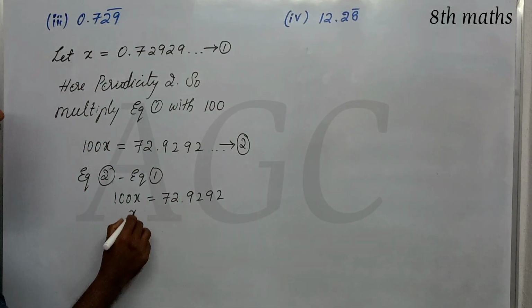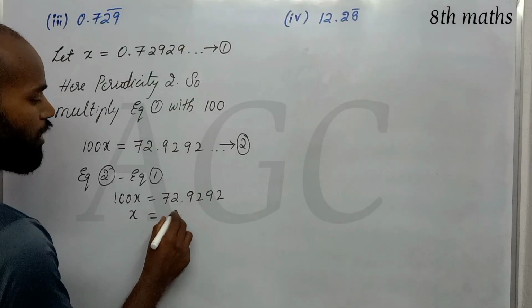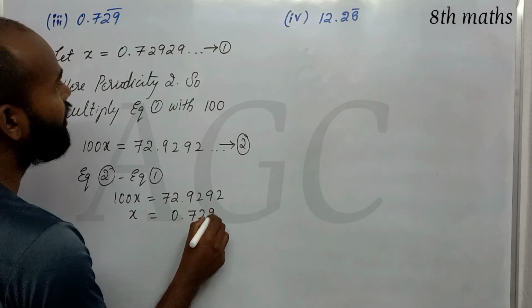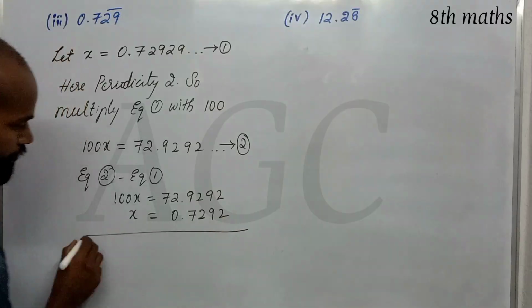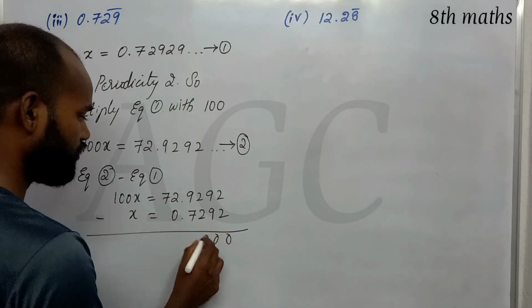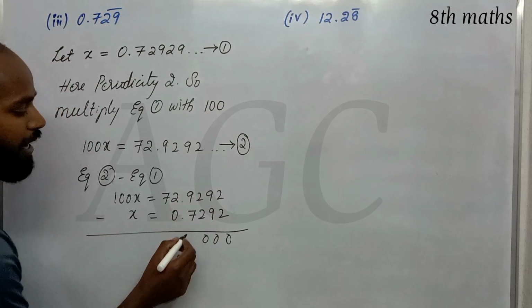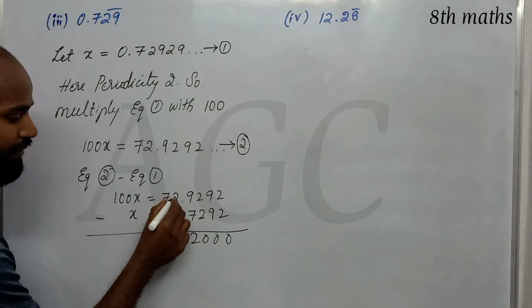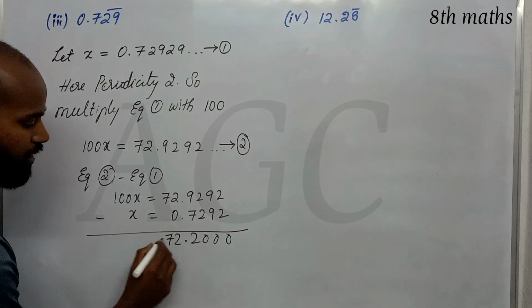Equation 1, x equals to 0.7292. Now do the subtraction, 0 0 0, right. Now 9 minus 7, it's 2. Next 72 minus 0, 72 itself, right.